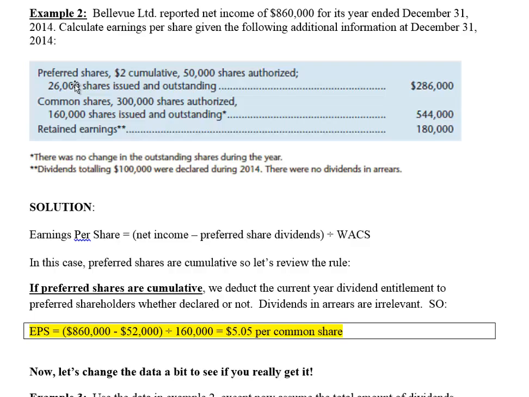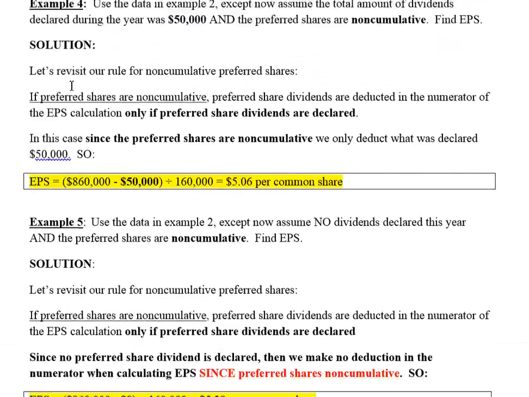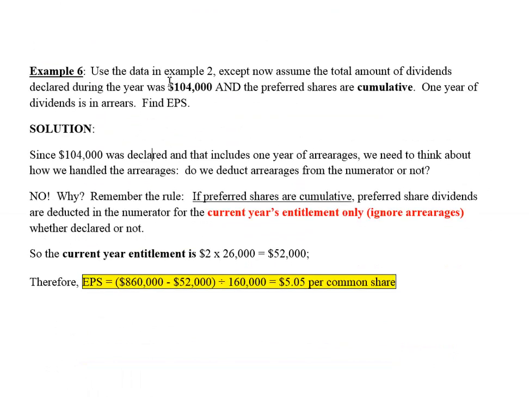So that means in a previous year they didn't pay 52,000, but in this year when they declared, they decided to pay the arrearages of 52, and because they have declared enough at 104,000 to clear them all off, they're also going to pay the current year at 52. In other words, that 104,000 is picking up dividends in arrears for 1 year and the current year dividend of 52,000.